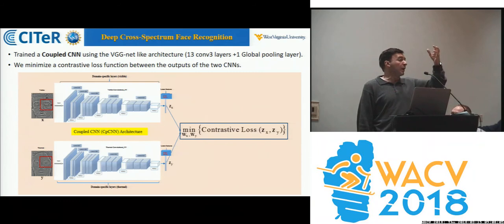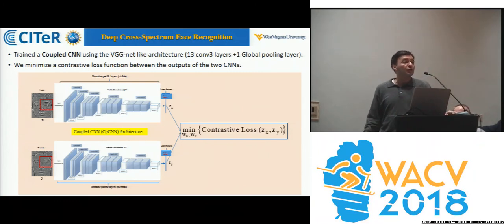You get 512 values out here and 512 values out in the thermal CNN. Then you apply contrastive loss to adjust the weights of the two networks, and that's where the coupling is going on, in order to make ZX and ZY equal for all your training data.